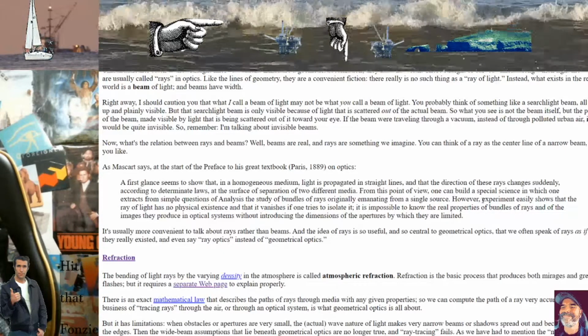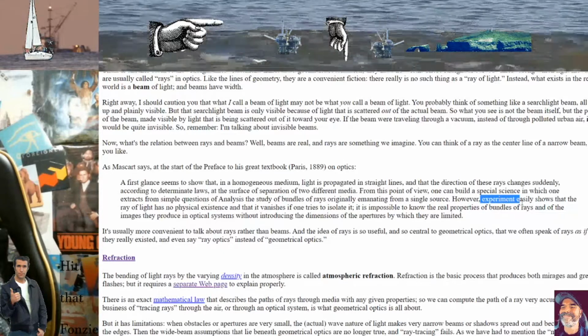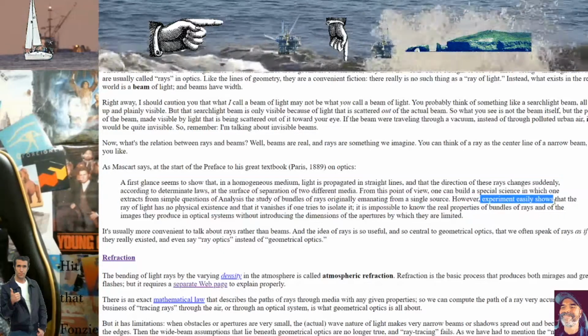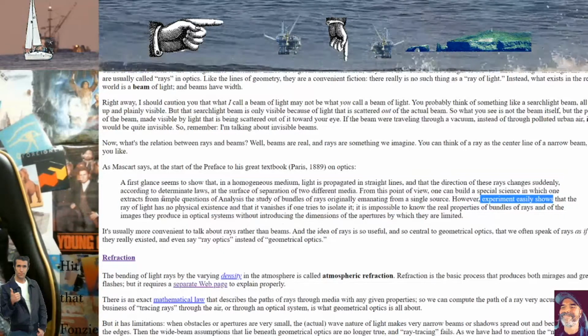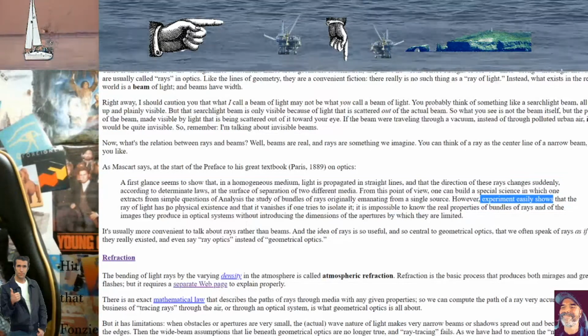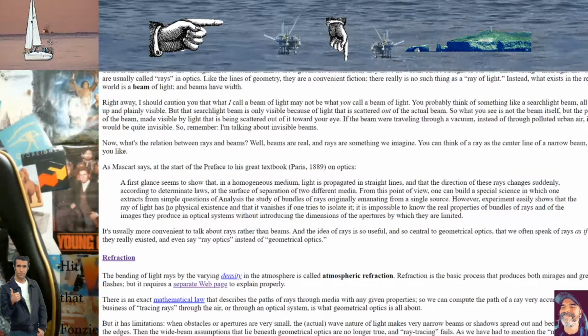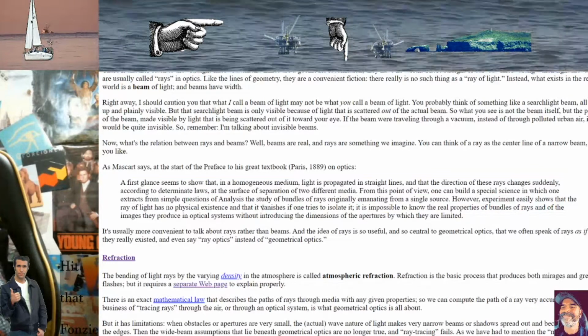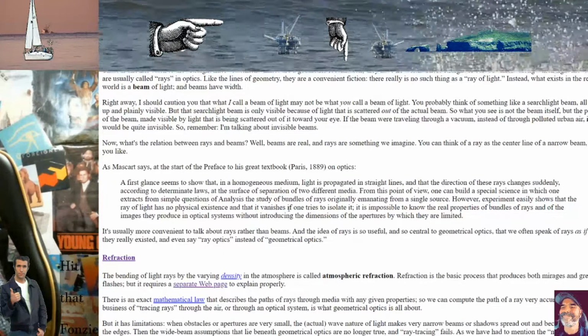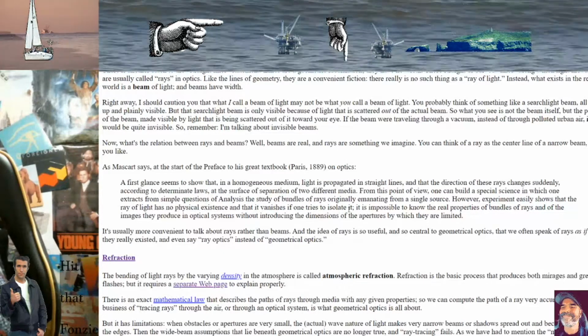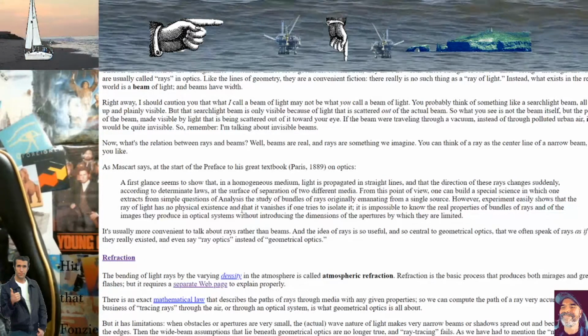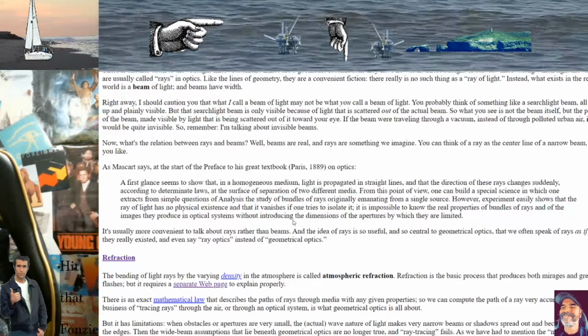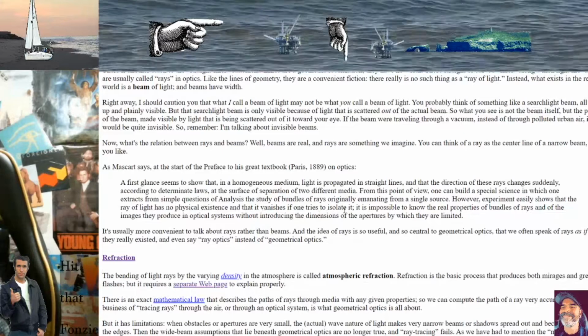Okay, so experiment, that reference means that someone has manipulated something, but there's no citation. Just saying. "And that the ray of light vanishes if one tries to isolate it."